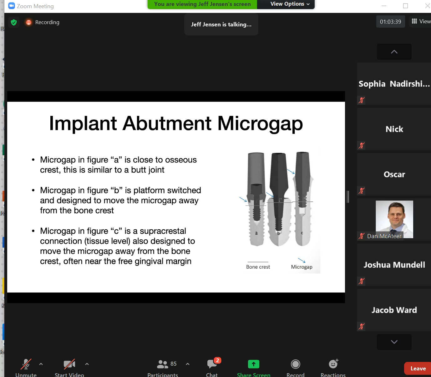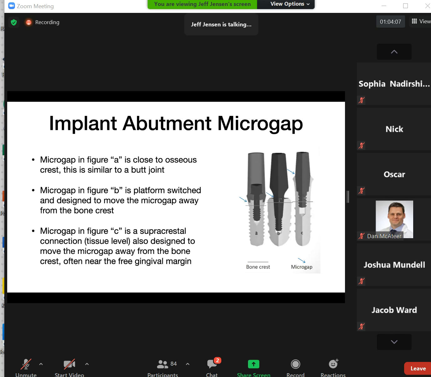I did a lot of these when I was in residency at the VA, and we used these typically in the posterior, and they look really good for the most part, but occasionally you'd see a little collar of implant at the gingival level. But they're very stable because that micro gap is moved up and away from the bone, so there's nowhere for bone loss to happen.